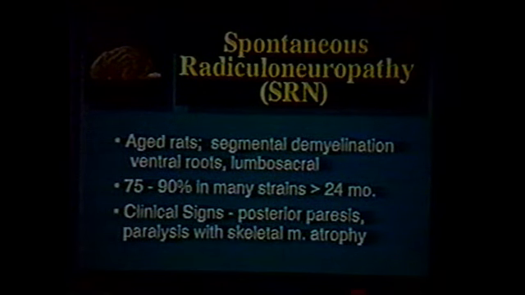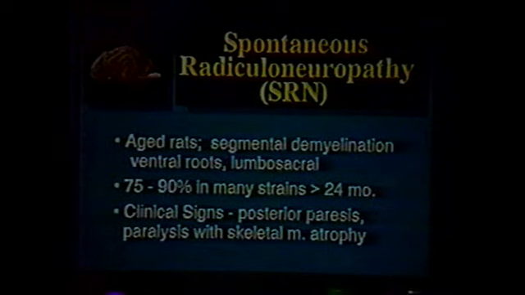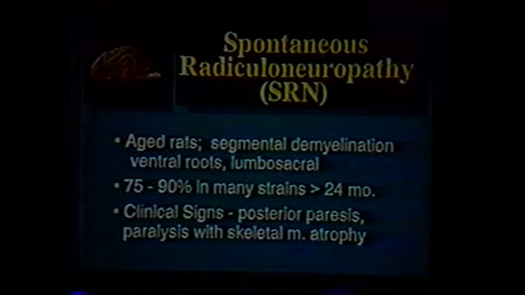It occurs in aged rats, and you can see that in some strains of animals, 3/4 to 90% of the animals at 24 months of age will have lesions related to this disease. The clinical signs, if it gets to the stage where the animals have clinical signs, are posterior paresis and paralysis with skeletal muscle atrophy. Okay.